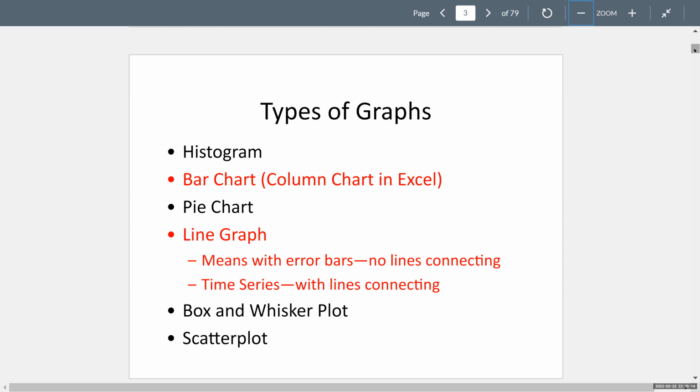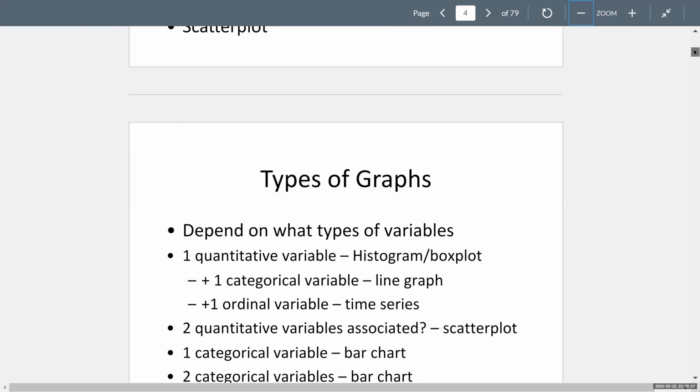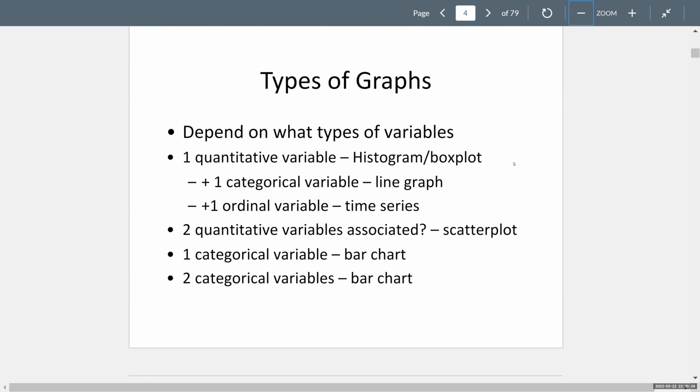So we have these different types of graphs, and which type we use is going to be determined by what kind of data we have, whether it's categorical or quantitative, right? And so if we have only one quantitative variable, we're going to make a histogram, maybe a box plot of it.